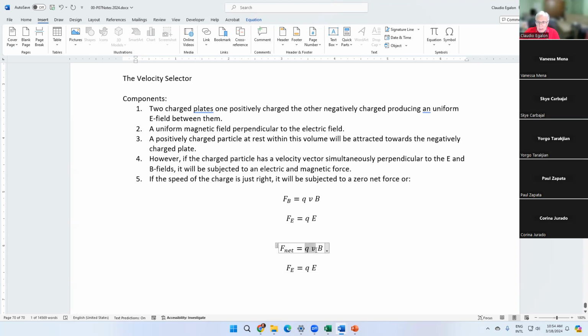FE plus FB, which is, by the way, equal to QE plus QVB equal to 0, right?